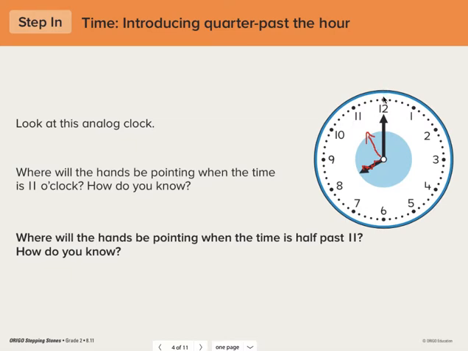Is it here? No, that's our starting point. Is it here? No, that would be a quarter, right? Not quite halfway. It would be way down here. This is our halfway point. So for this clock to say 11:30, our minute hand would have to be pointing to the 6.